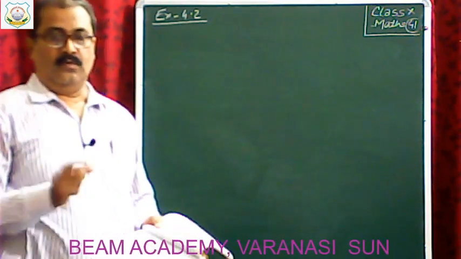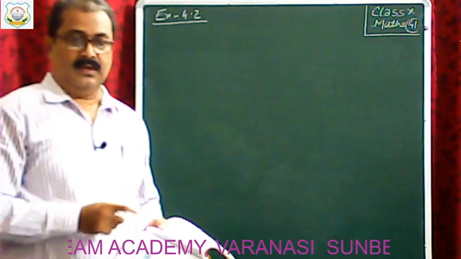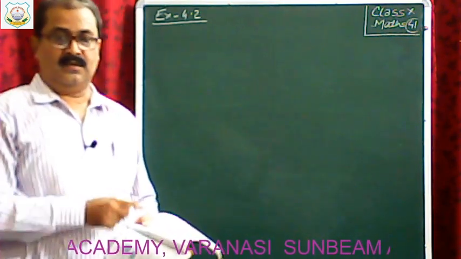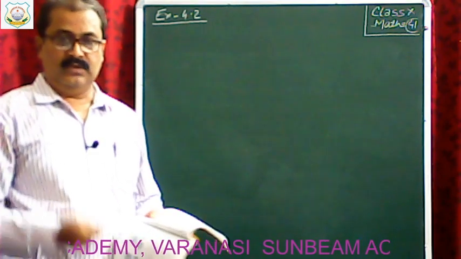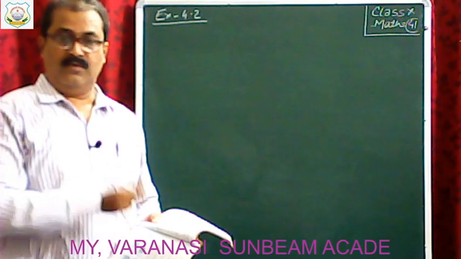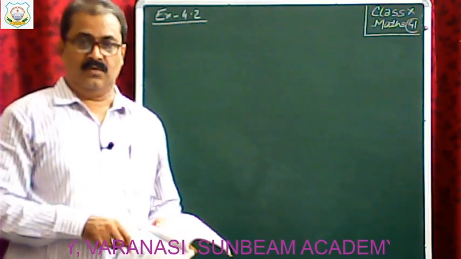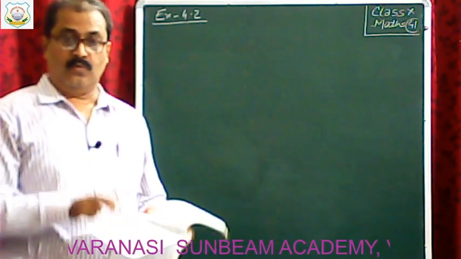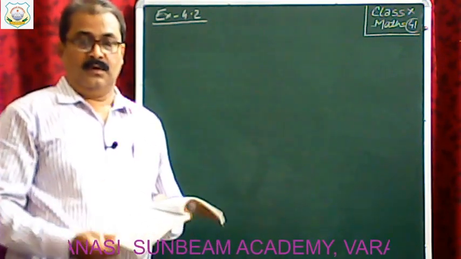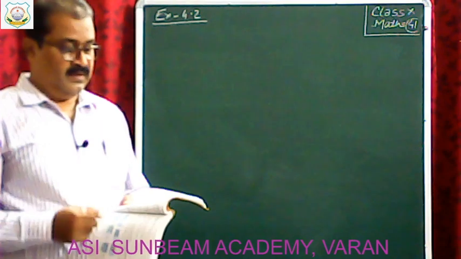Roots means you have to find the value of variable of the given quadratic equations, isn't it? In case of linear equations, we used to say find the solutions, means you have to find the values of variables. In case of quadratic equation, we have to find out roots of the equation, means you have to find the values of variables of the given equations.